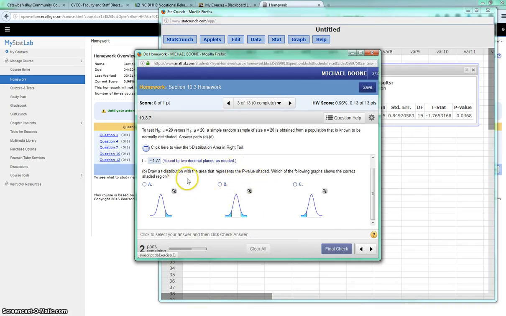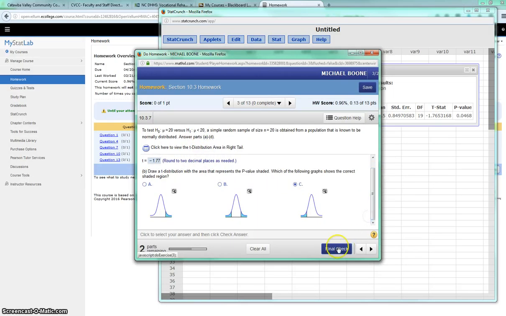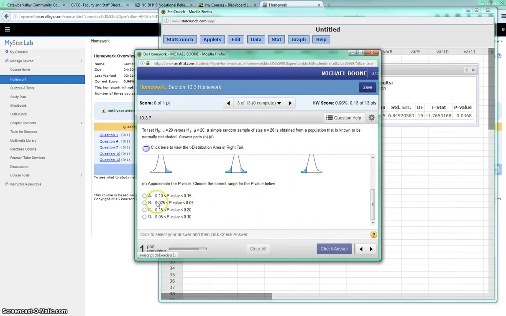On this one, are we one-tailed or two-tailed? Is our tail to the left? Is it to the right? Or is it 2 tails? Since we have a less than alternative hypothesis, we will be left-tailed. The p-value, ours is 0.0468, so that looks like it'd be in between there.